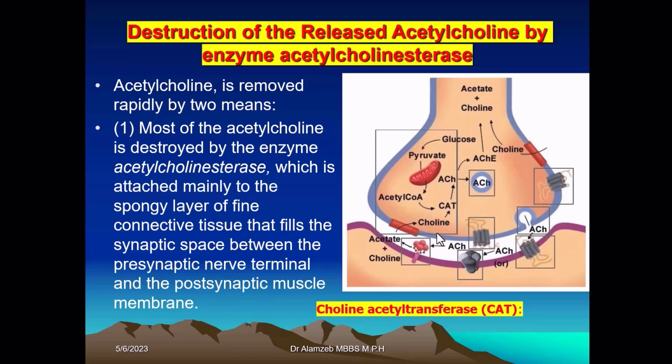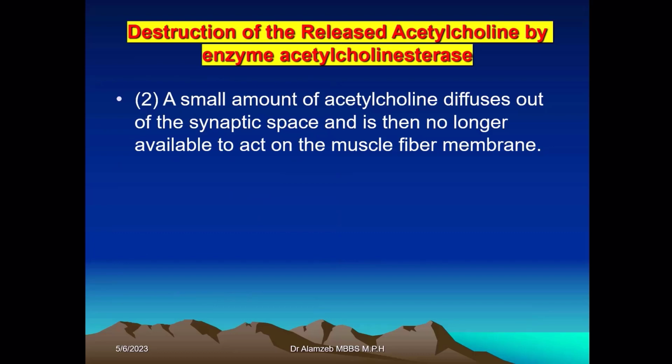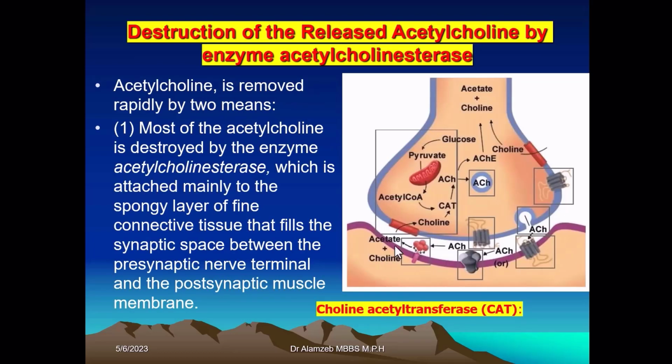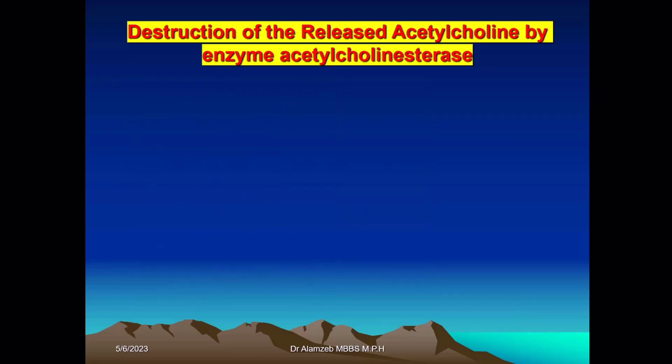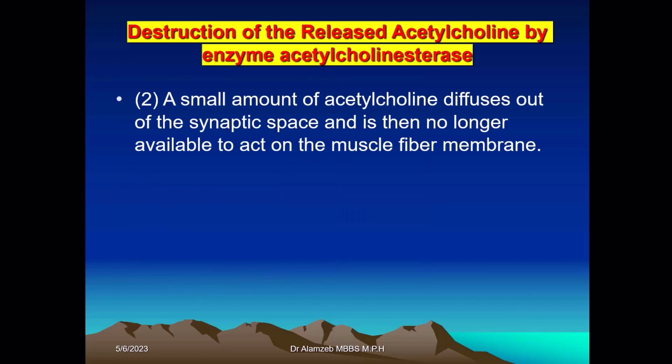This is the presynaptic nerve terminal and this is the postsynaptic muscle fiber. The esterase is present here in this space attached to the spongy tissue, and it splits the acetylcholine into acetate and choline. This is one mechanism: the acetylcholine is destroyed in the synaptic cleft by the acetylcholine esterase. The other mechanism is that a small amount of acetylcholine diffuses out of the synaptic space and is then no longer available to act on the muscle fiber membrane.